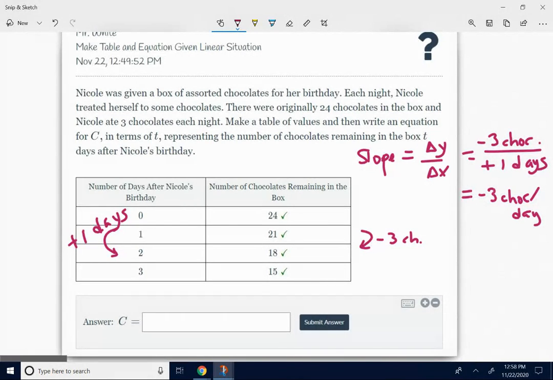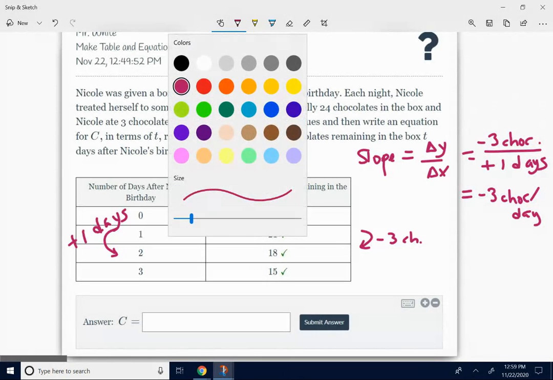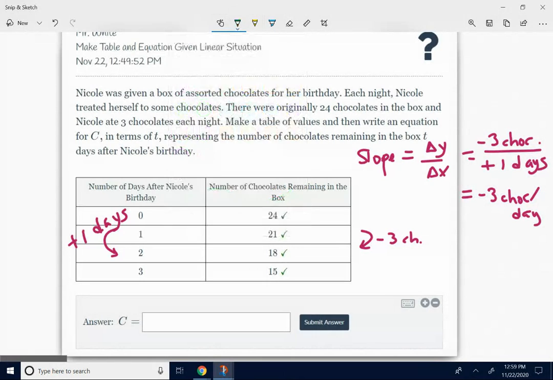The y-intercept of a data table is the number across from 0, which is 24. It's showing you that's how many she started with. So knowing those two things, we can write the equation.